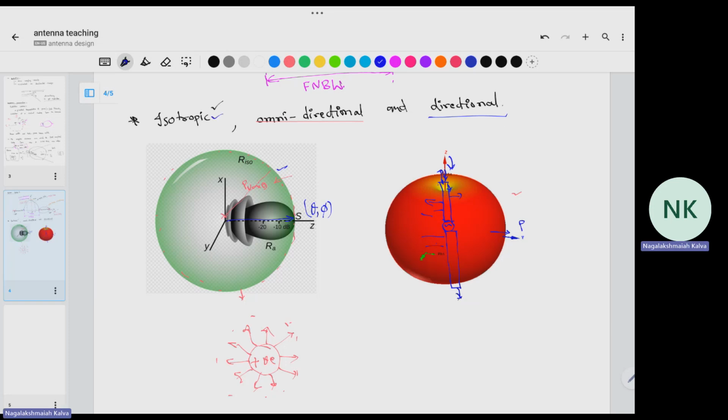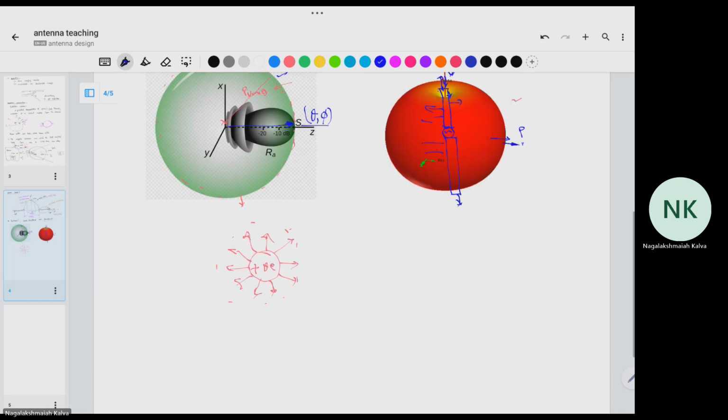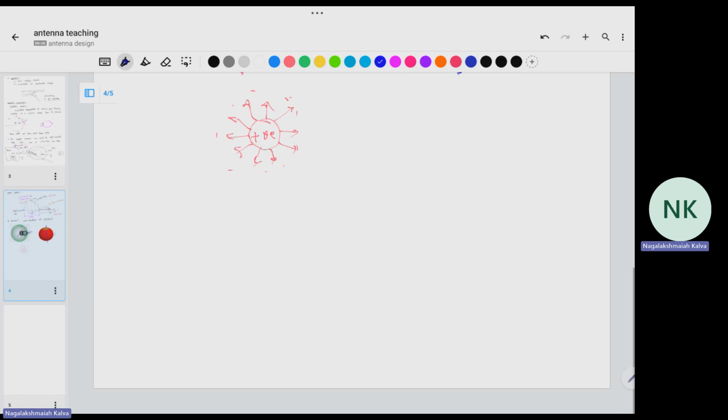But in the directional antenna case, we are concentrating maximum energy in a certain direction, while in the other directions you'll have intensity but lesser than this maximum value. So this is about the radiation pattern.